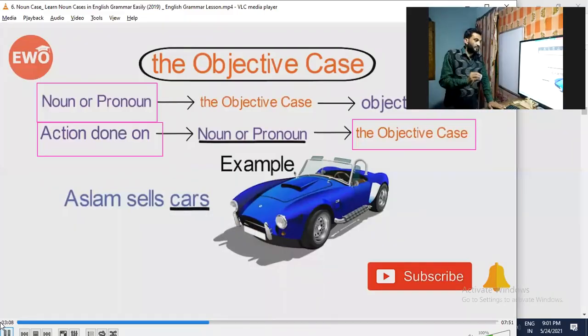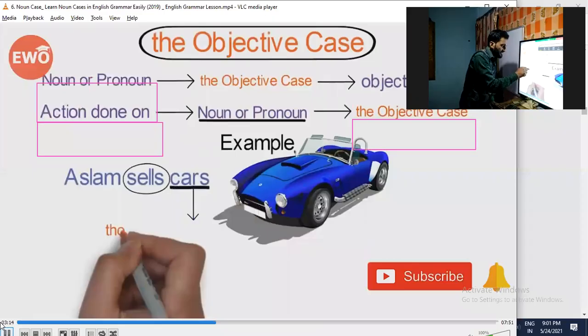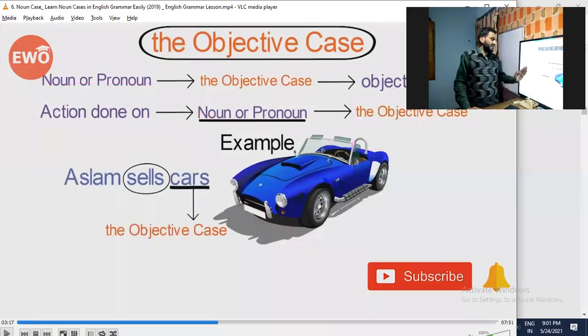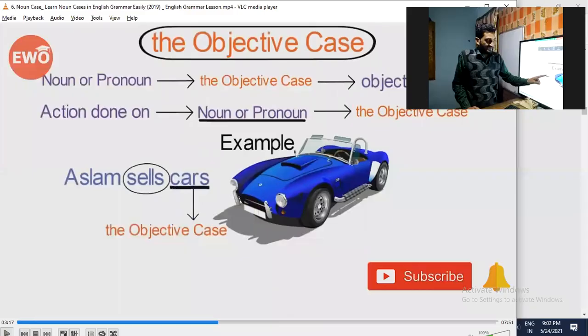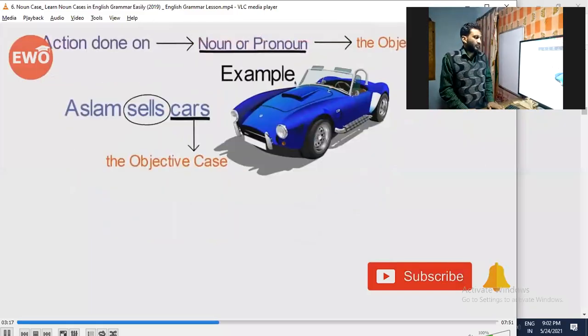So यहाँ पे जो cars noun है, इस जो सेल है ये तो वर्ब है, तो ये किस पे हो जाती है ये काम, कार्स पे, तो हम बोलेंगे cars is in objective case because Aslam does the action, Aslam is the doer, but the cars receive the action. जो इसमें एक्शन जो होती है वो है सेल की, सेल यानी वो बेचता है, so that means cars is in the objective case.